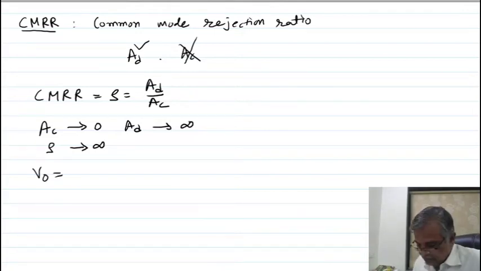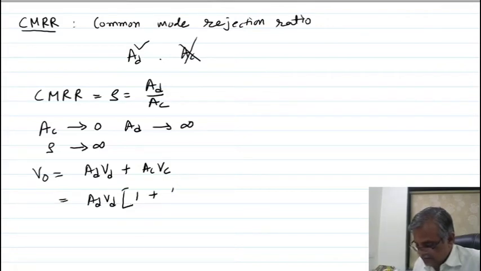See, this is the equation of the output voltage. If I take ADVD common, you can write it like this.